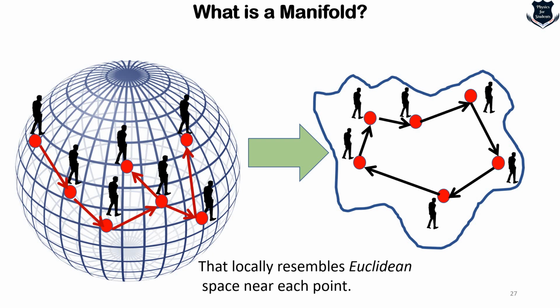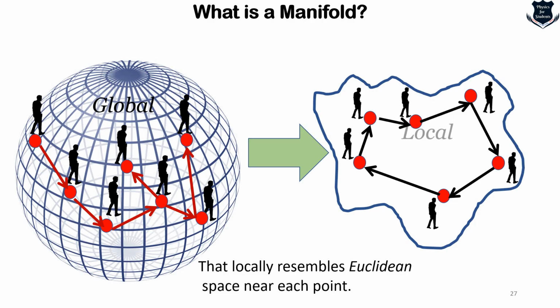This is the concept of a manifold: a part of the globe should locally resemble Euclidean space, flat, and once you make it Euclidean you can use the rules of calculus and things become very easy to visualize. So this is what is called a manifold. You're focusing, zooming, and making it locally Euclidean.